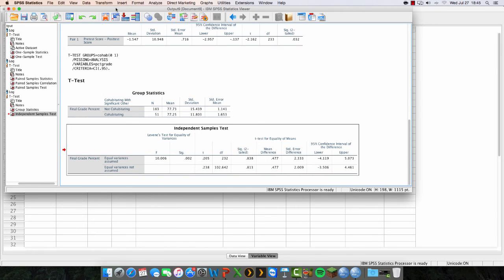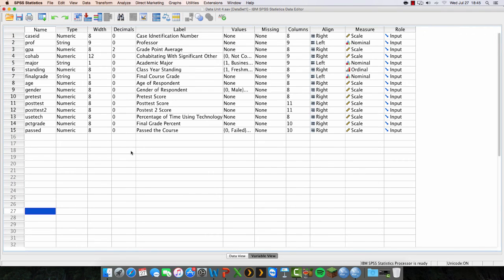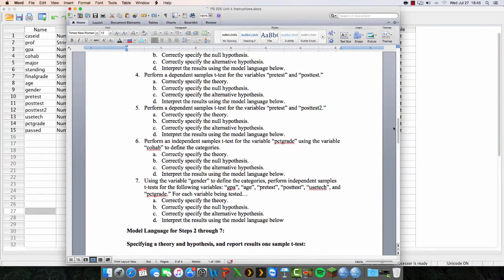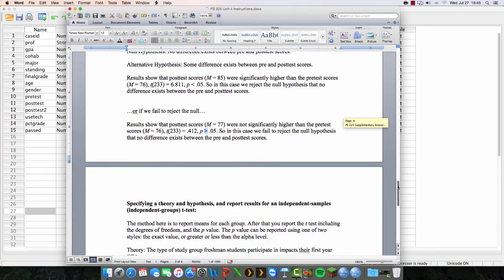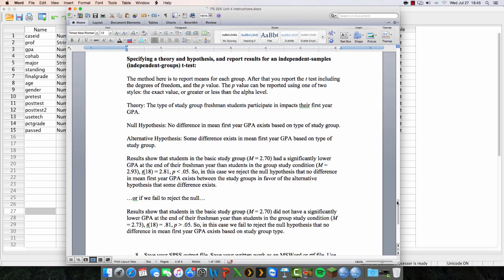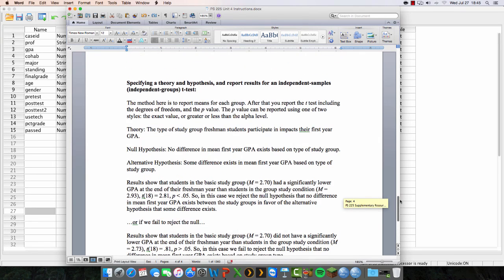All right. So what does the language for that one look like? Well, pretty much like the language for the other ones. I want to specify a theory and a hypothesis. All right. Report it with a mean. In this case, it's a different example. I've used mean GPA, but it works the same way.